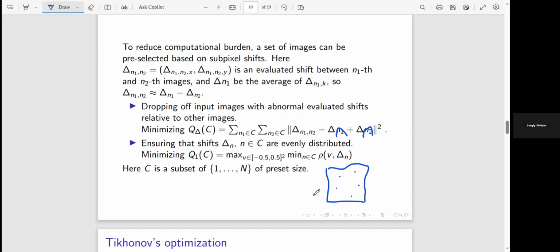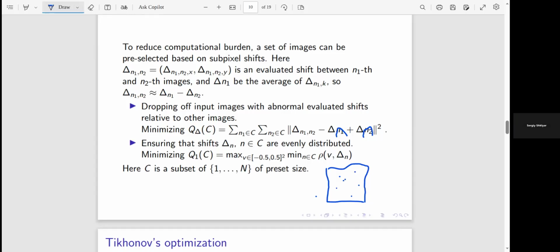We are interested only in the fractional part, so this point and this point are the same, since their coordinates differ by whole numbers.